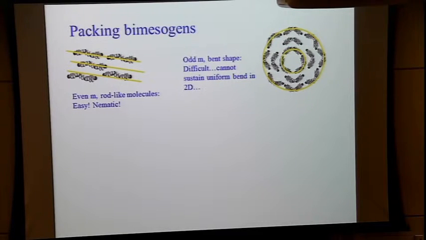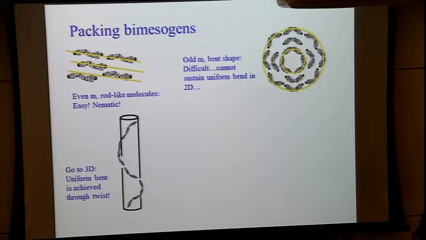But it's clear that if you're trying to create something like a constant bend, and I think that you were dealing with this type of problem in 2 dimensions during the first week of the school, you would see that it's impossible to provide the bend that would satisfy the desire of the bend-shaped molecules to bend. So it's impossible to create the bend that is constant in the entire 2-dimensional plane.